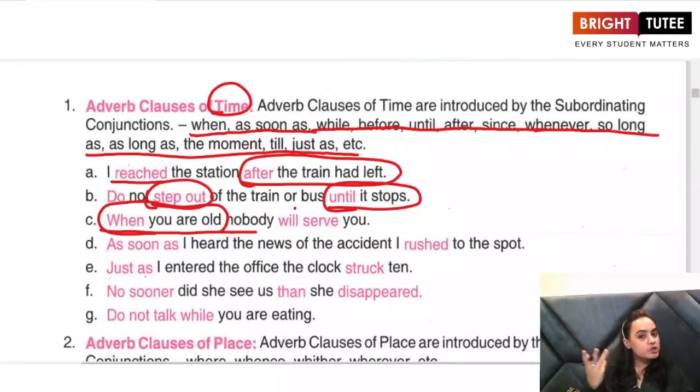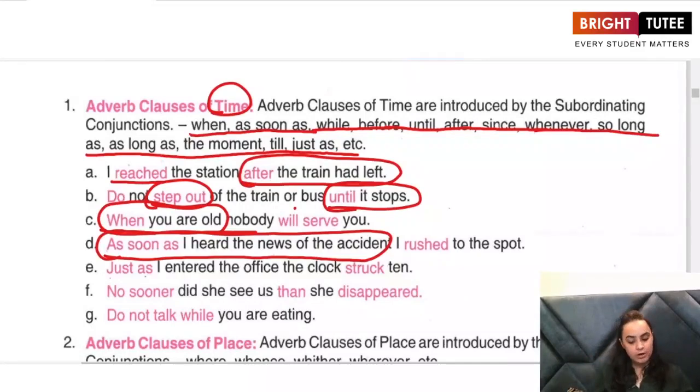When did I rush to the spot? As soon as I heard the news of the accident. So, this is my adverb clause of time. Just as I entered the office, the clock struck 10. When did the clock strike 10? Just as I entered the office. So my adverb clause of time.